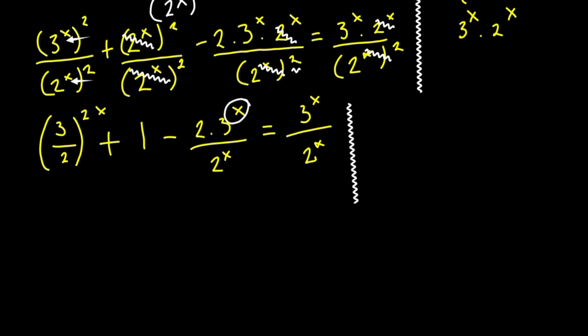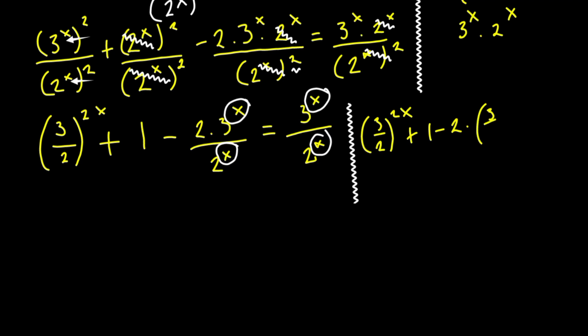These two have the exact same power, so we can combine them, same as this, according to the law of indices. Our equation will now be reduced to this plus 1, then minus 2 times (3/2)^x, and that equals (3/2)^x also.